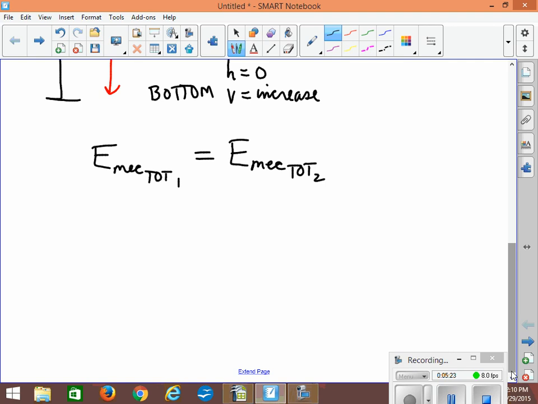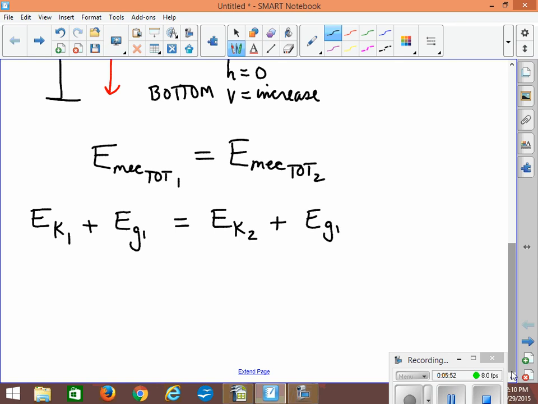All right. So the total mechanical energy at our position 1, or the top, would be the kinetic energy at position 1 plus the potential gravitational energy at position 1. All right? And then, because that's the total, that must be the same elsewhere. And so we can put position 2 and describe it the same way.